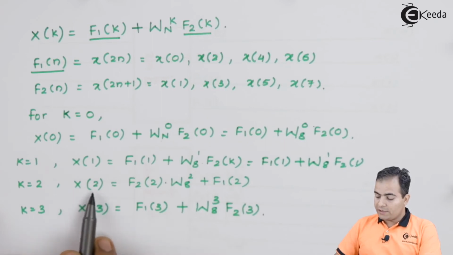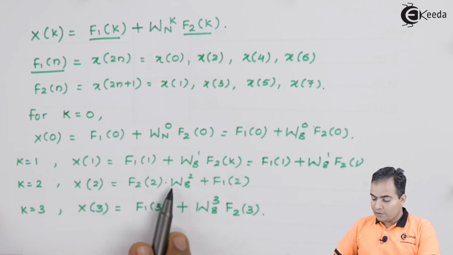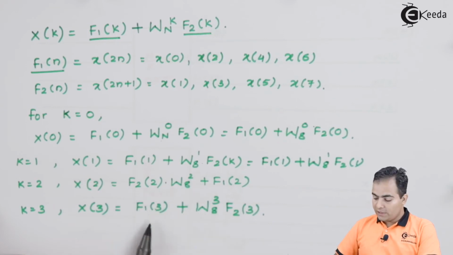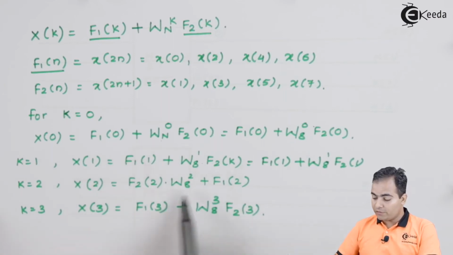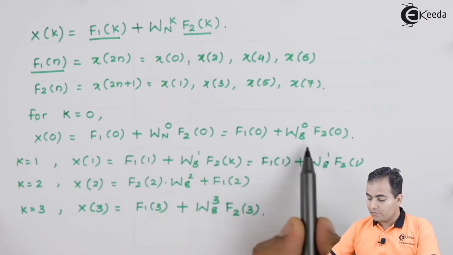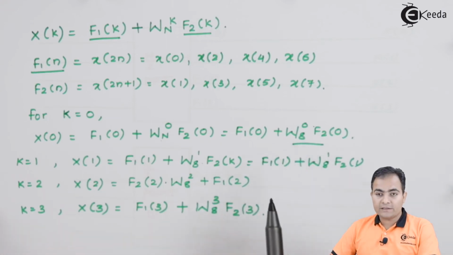Now for x of 2, it is the addition of f1 of 2 plus the product of omega 8 to the power 2 and f2 of 2, and the last one is this, which means the first line of the even part is calculated by just adding to the even part the product of the odd part. So I'll show you where you will get the answers.